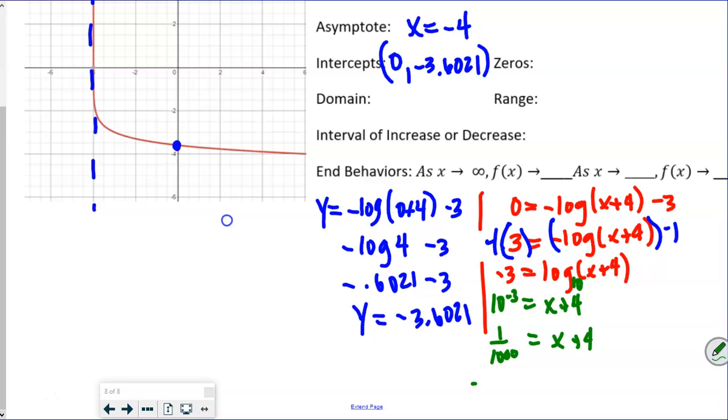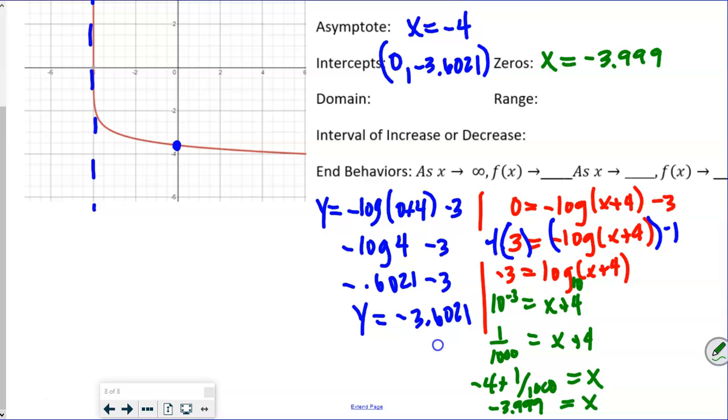So then we're going to do minus 4 plus 1 over 1,000. And so that's going to be negative 3.999, right? So x is going to be equal to negative 3.999. So our zero of our function is going to be negative 3.999, which is pretty close to 4, and it kind of looks like it's at 4 out here, doesn't it? Right there, okay?